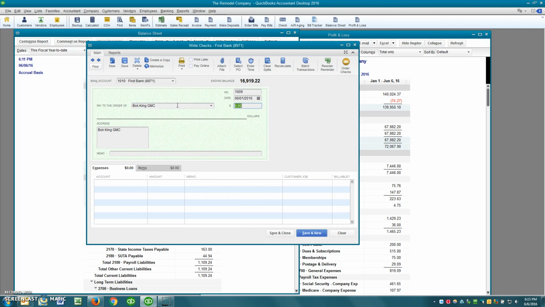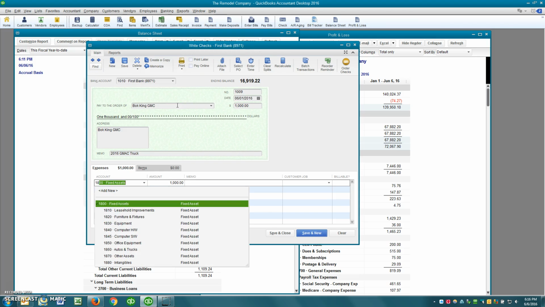Okay, and let's say you put $1,000 down on a 2016 GMC, whatever the model is. We'll just say truck, and we'll spell it correctly even.